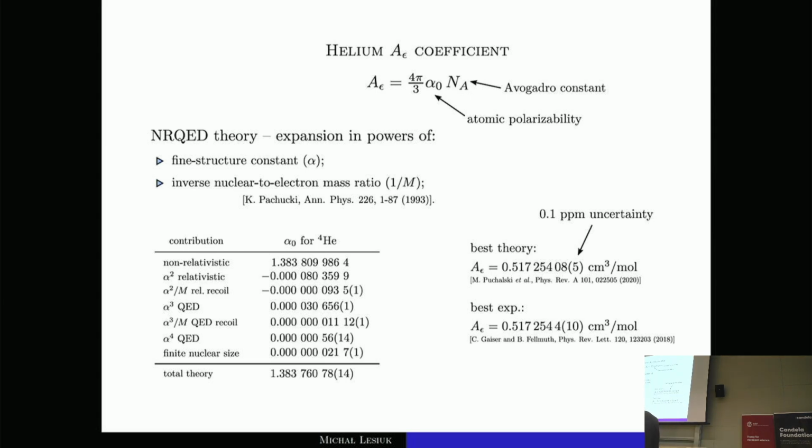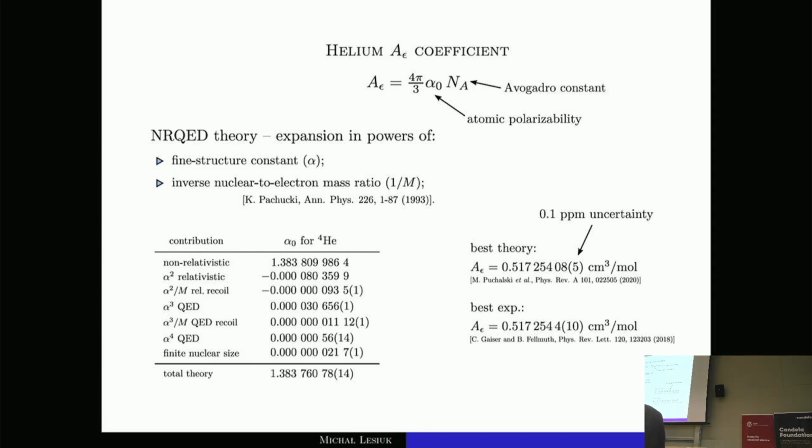And in general, in all calculations I will show you, we use non-relativistic QED. So what we do is we perform an expansion of any quantity you want to calculate in powers of the fine structure constant. Please don't confuse this alpha with that alpha. And the inverse nuclear to electron mass ratio. In the case of helium, you can split the results into several contributions.